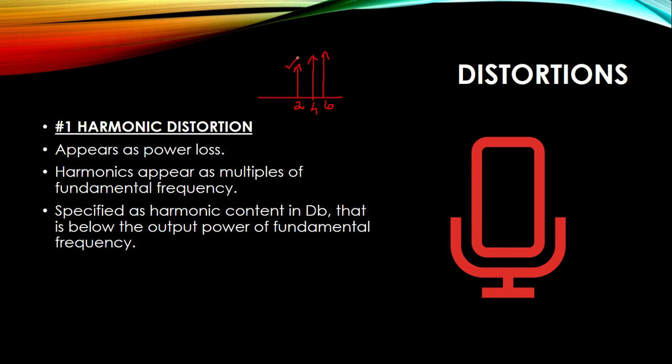So this is what contributes to harmonics in your given circuit. Harmonic distortion is due to the fact that we don't get the fundamental frequency alone, but we get multiples of the fundamental frequency also, which contributes to power loss in your given system.